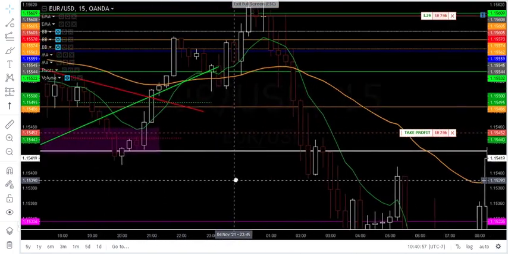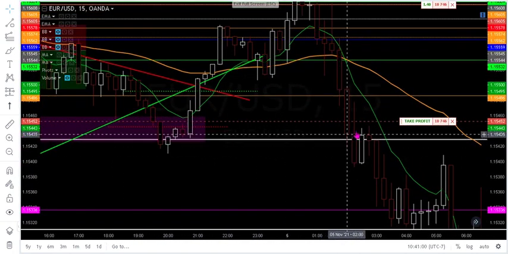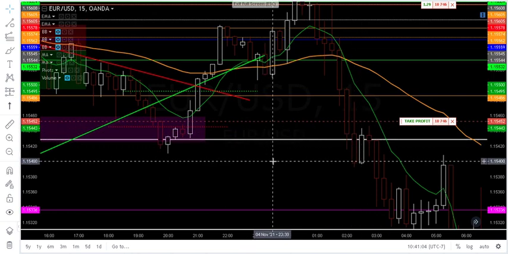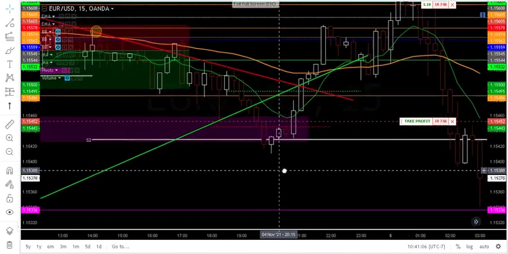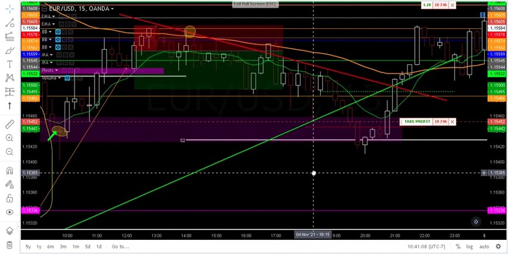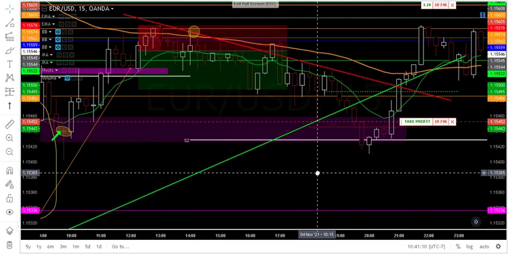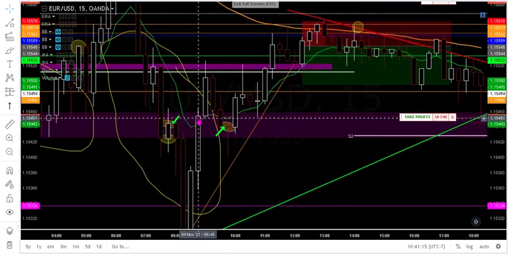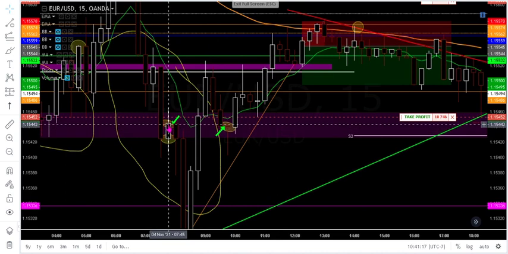Because I could move it down slightly. I also want to see where price came up and rejected back down. So I could move it down just a little bit. Yeah, this is clear as hell. Price came up, rejected back down.